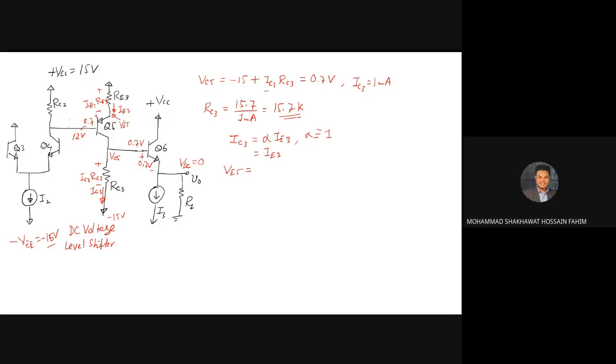Sir, 11.3. It will be below this base voltage. No, sir. Then 15 minus IE3 RE3. And how much is that?